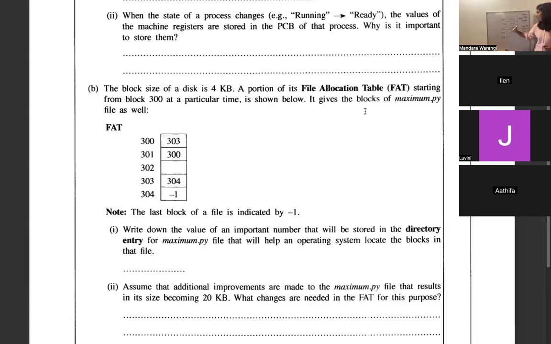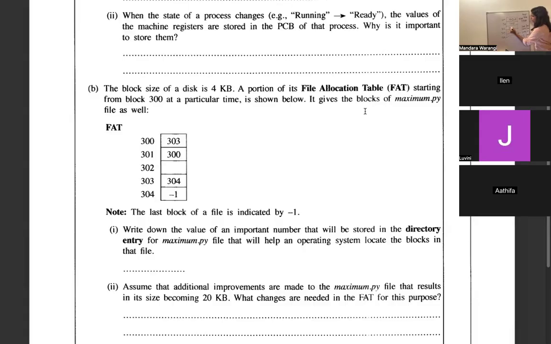First is 300, 303, 304, or before 304 we can allocate 302.